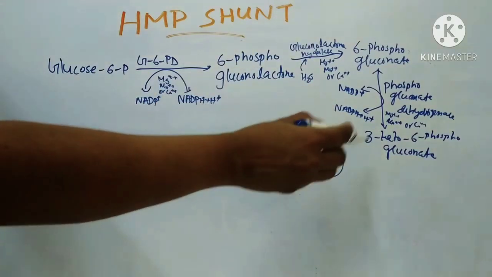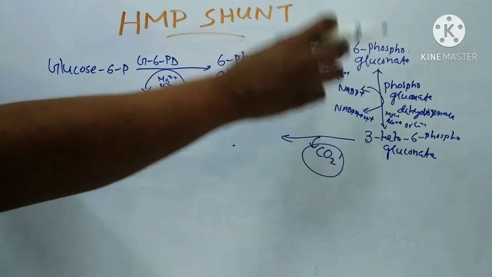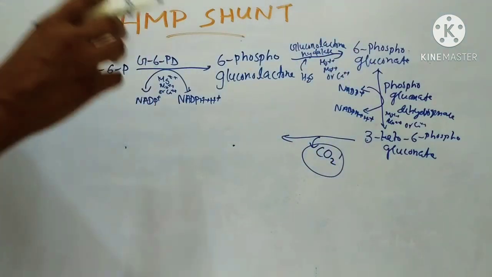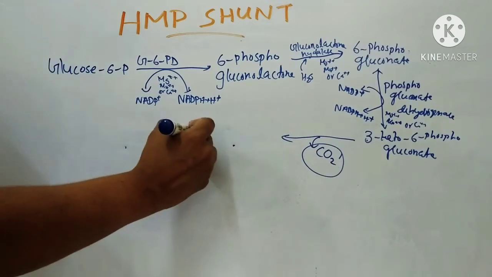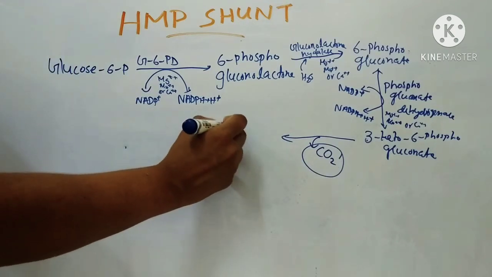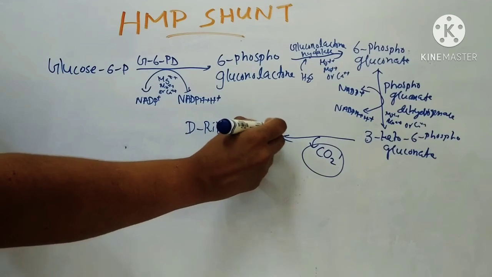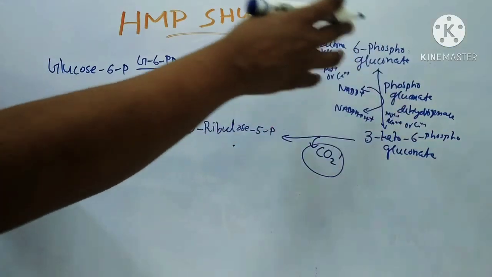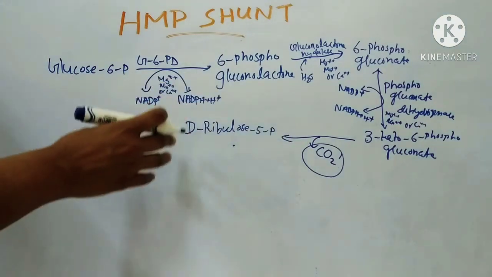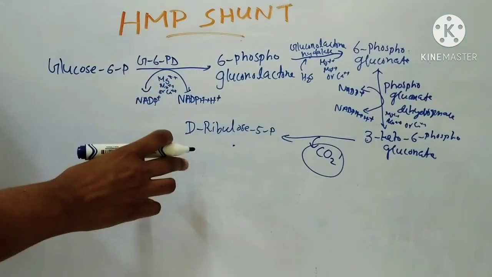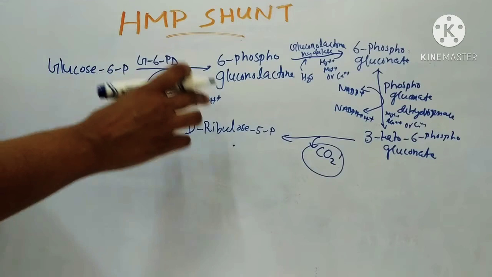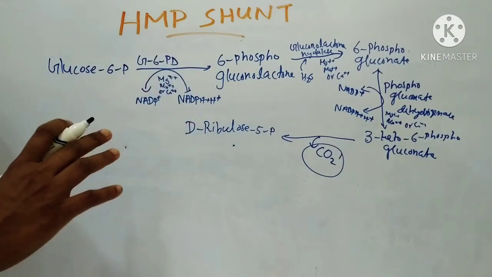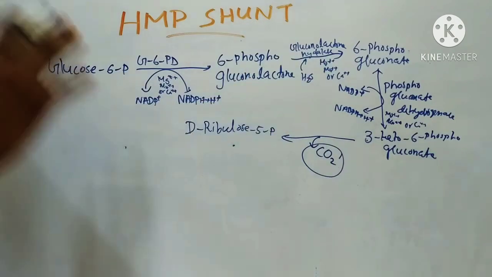It forms a ketopentose, that is D-ribulose 5-phosphate. So up to this is the first stage.